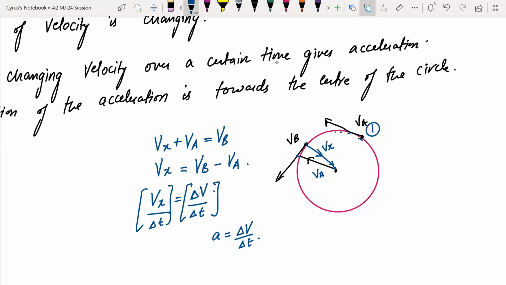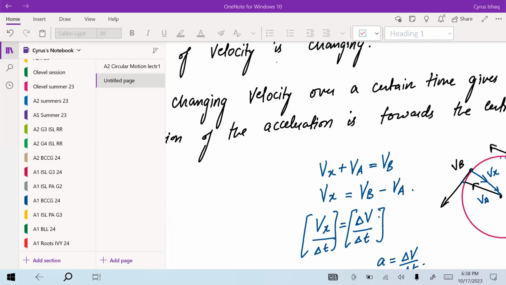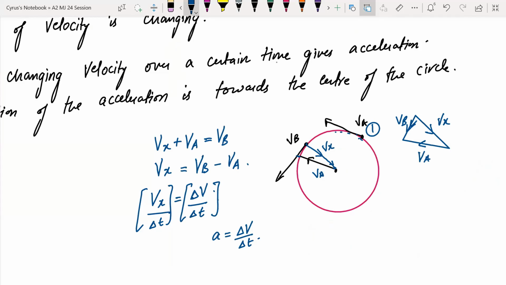तो अगर मैं इसका हेड टू टेल रूल बनाऊं तो ये देखिए हेड टू टेल रूल बन रहा है. ये Vx है, ये VA है और ये VB है, right? This is Vx, this is VA, and we are getting VB as the final step. If there was a VC तो फिर अगला वाला आ जाएगा, वो फिर यहाँ पे यूज हो जाएगा.